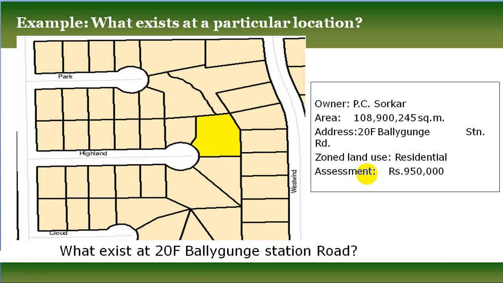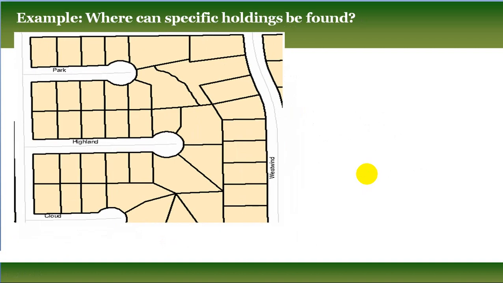Okay, so the next one I am showing you is another one. Where can specific holdings be found? As I told you, in this question, instead of telling the GIS software a particular address, suppose among those holdings you want to buy one particular holding.